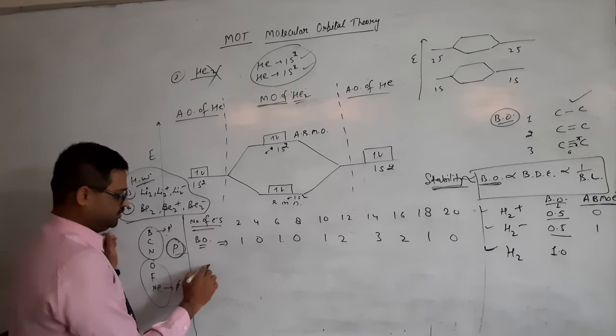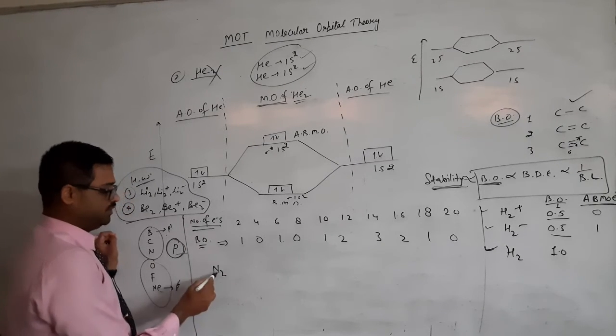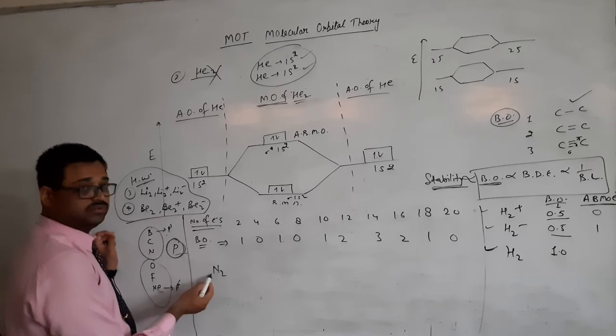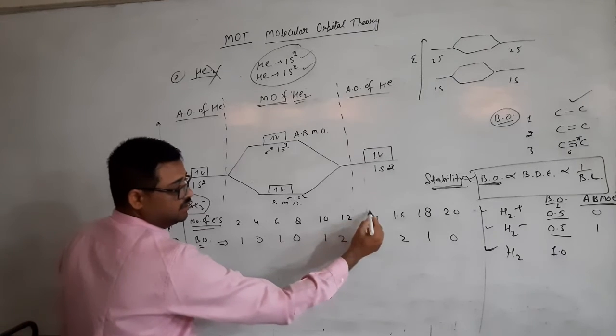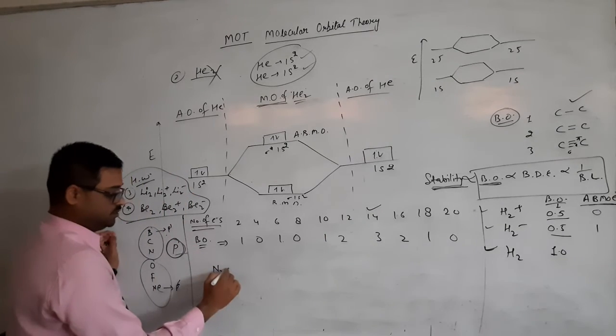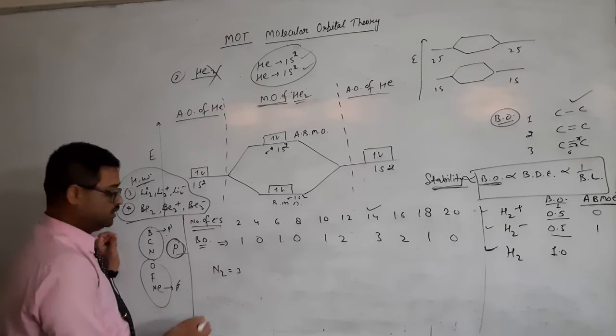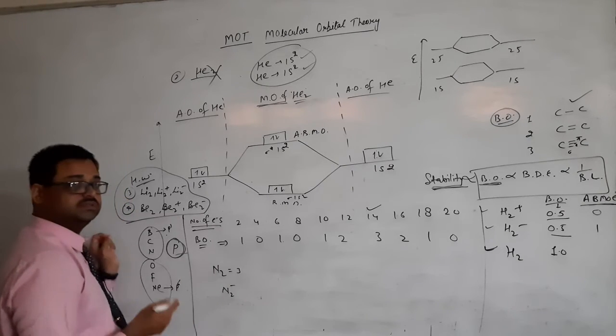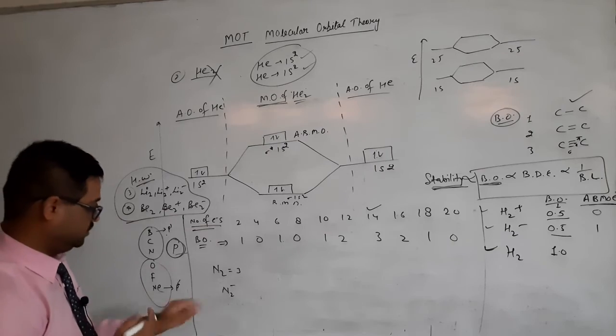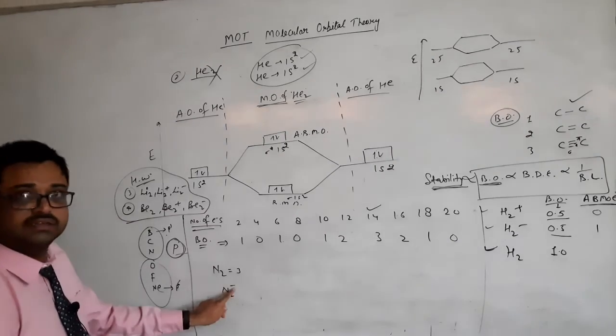So if I tell you to write the bond order of N2, how many electrons are there? You know the atomic number of N is 7. 7 and 7, 14. 14 means 3. So the bond order will be 3. If I tell you N2 minus, then you can see one electron is added to the system.